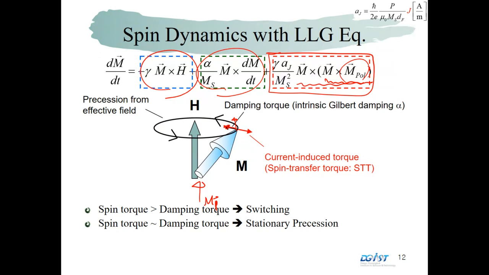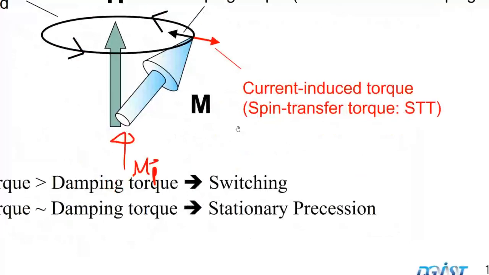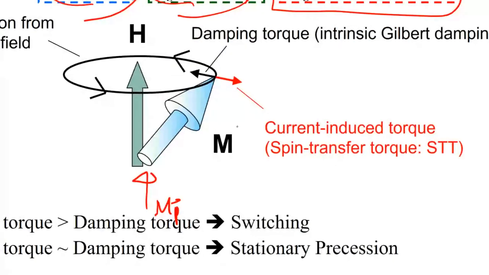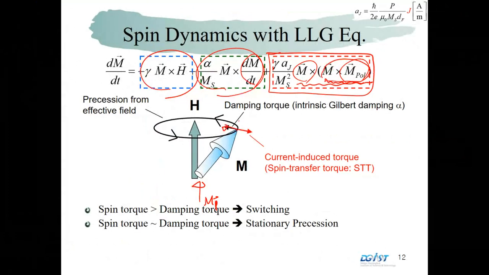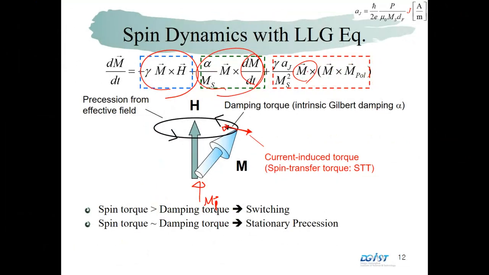And then we have a cross again, so they generate this direction or this direction. So this term generates torque parallel to the damping or minus damping direction.